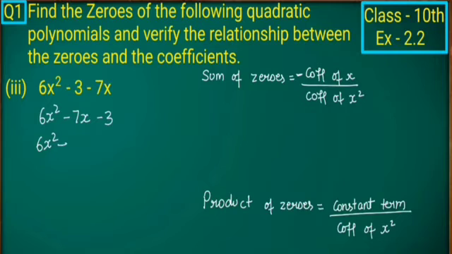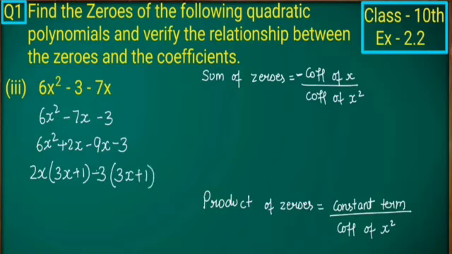So now we have to factorize it and split the middle term 7 into two parts, so that if we add we will get minus 7, and if we multiply these two we will get 18x square. So from the first two terms we will get 2x as a common, and within the bracket 3x plus 1, and from the next two we will get minus 3 as a common, and within the bracket it is 3x plus 1.